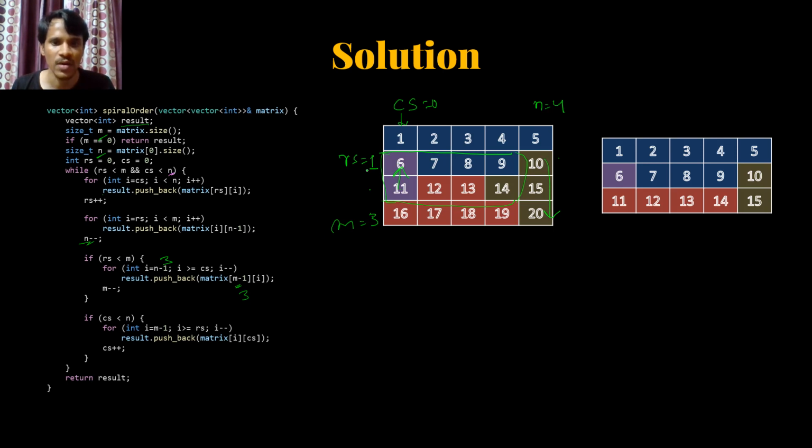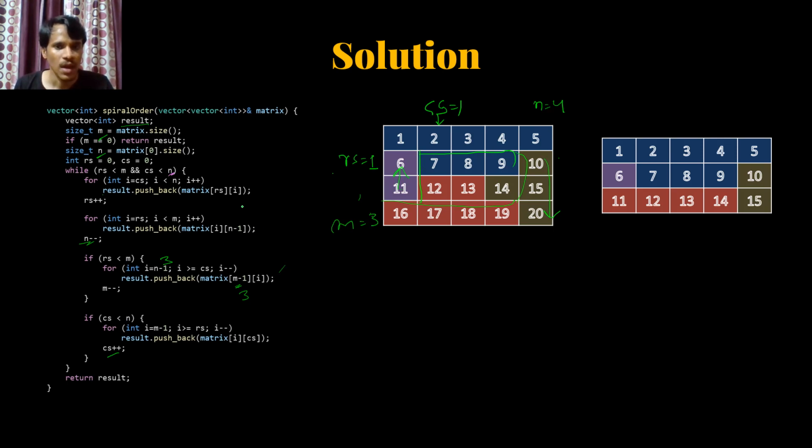So 2 0 and 1 0. This prints this one. After that the column start is incremented, so column start becomes 1, and the problem statement is minimized to this one.